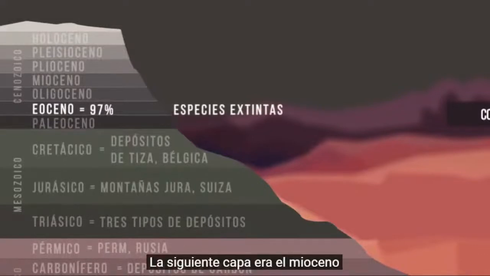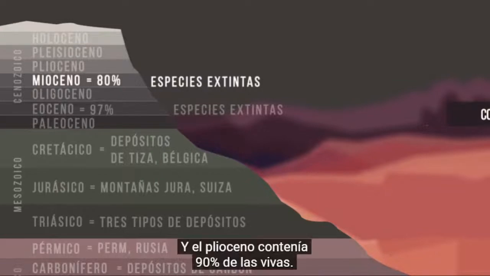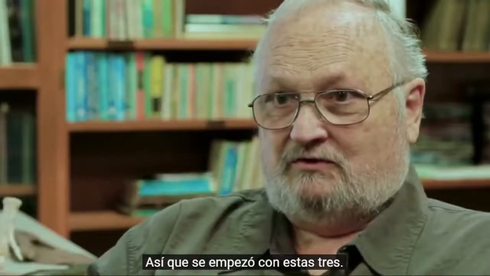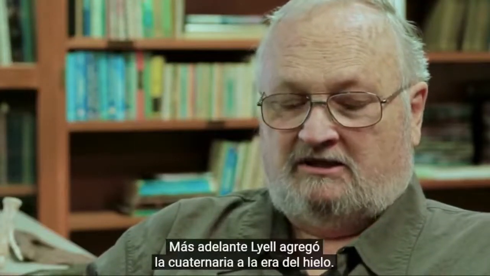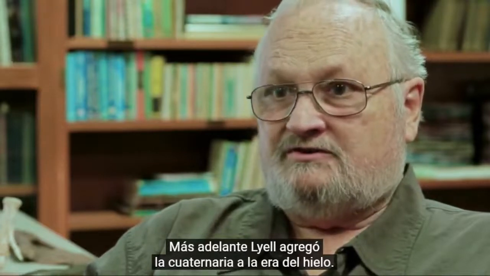The next layer up was the Miocene. He named it contained 20% living species, and the Pliocene contained 90% living. So it started off with those 3. Lyell later added the Quaternary for the Ice Ages.